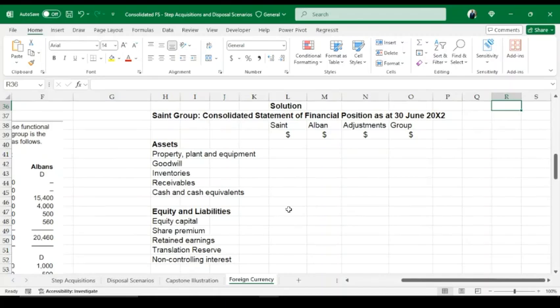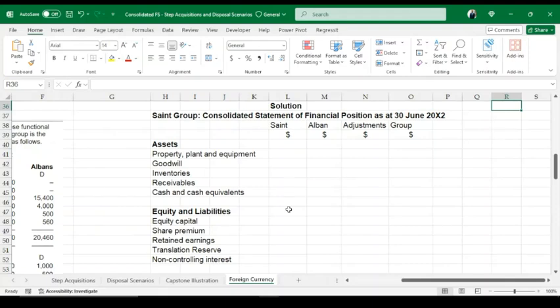So we know that when it comes to consolidation, we need to add the consolidated statements of financial position. We add the assets and liabilities of the parent and the subsidiary or subsidiaries together.